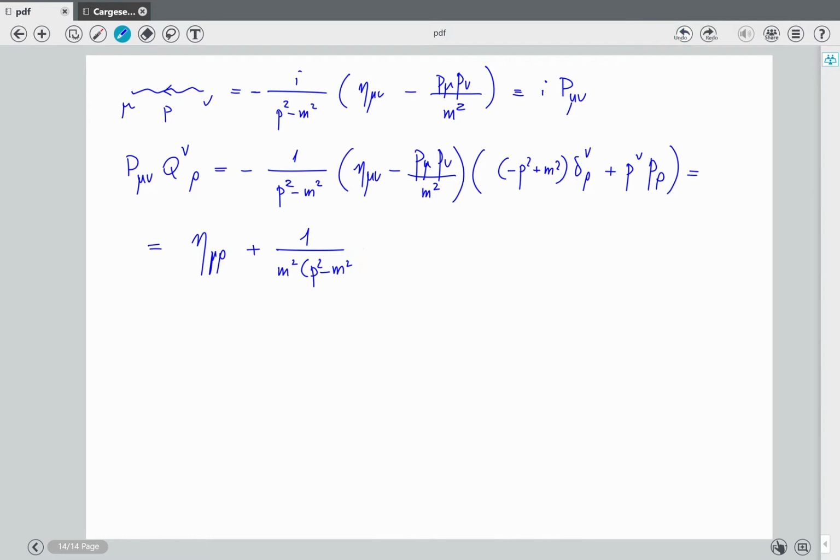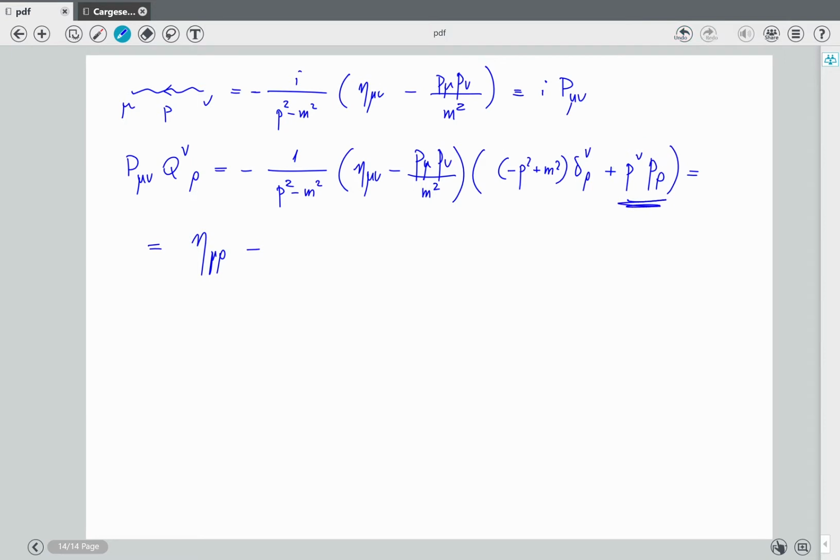Oh sorry, no, this is not transverse. It's not transverse because this is not p². That's transverse when we have a massless field. So there is a contribution coming from this object. So let's check that contribution first.